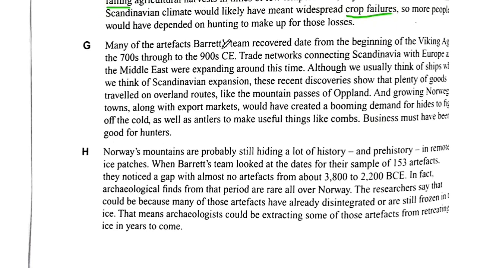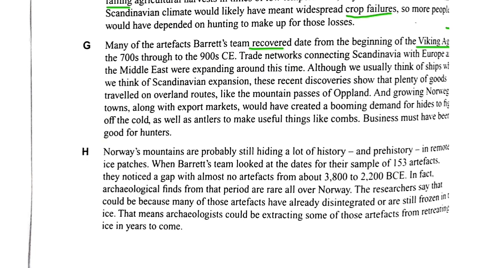Many of the artifacts Barrett's team covered date from the beginning of the Viking Age, 700s through to the 900s CE. Trade networks connecting Scandinavia with Europe and the Middle East were expanding around this time.